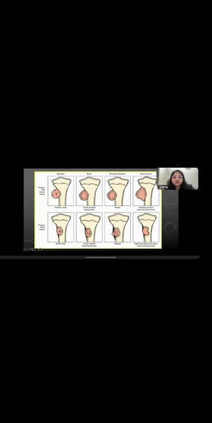If it is a primary soft tissue tumor, then most of the lesion or epicenter of the lesion will be outside the cortex. But if it is a bone tumor, the epicenter will be inside the bone. The soft tissue tumor will bevel the cortex towards the bone, whereas the bony tumor will bevel the cortex outside or towards the soft tissue.